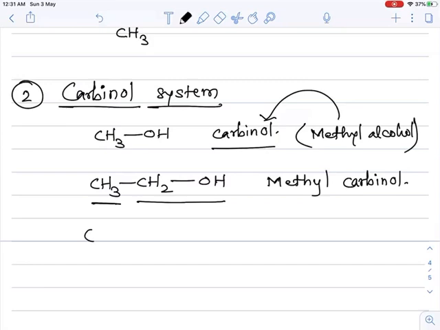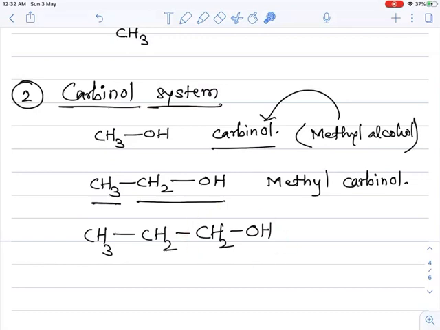Now next, a 3 carbon containing alcohol, CH3CH2CH2OH.